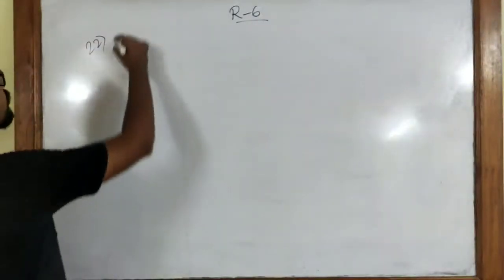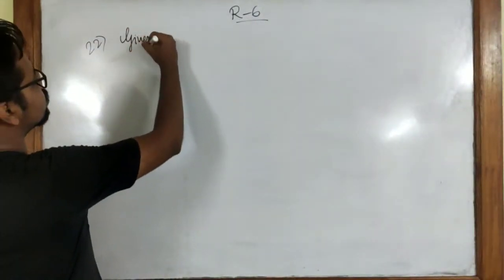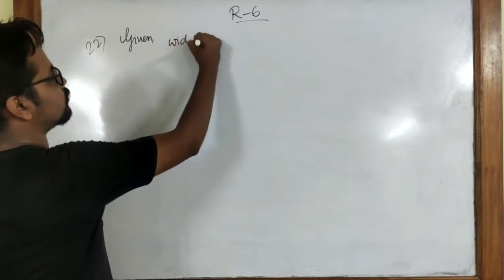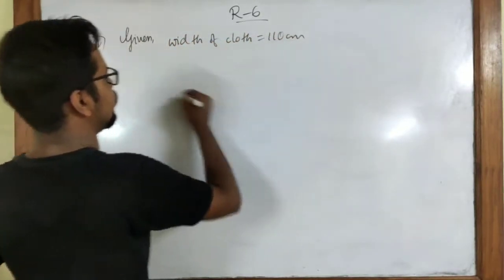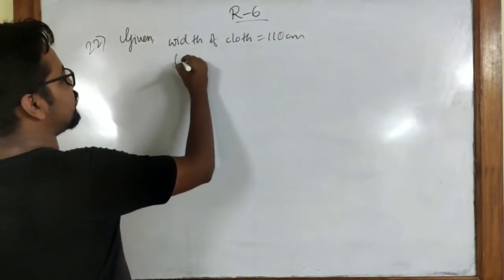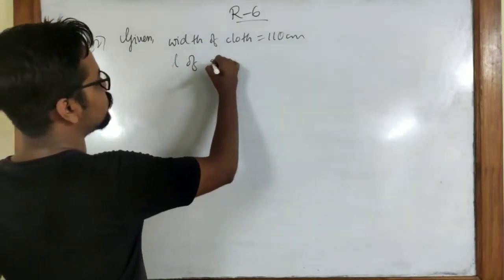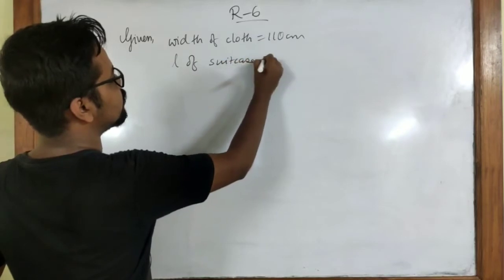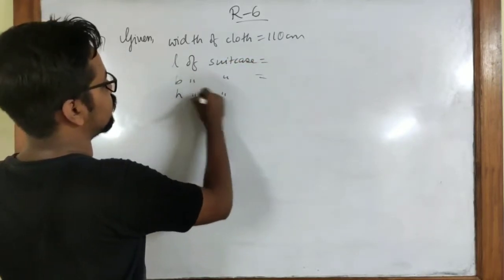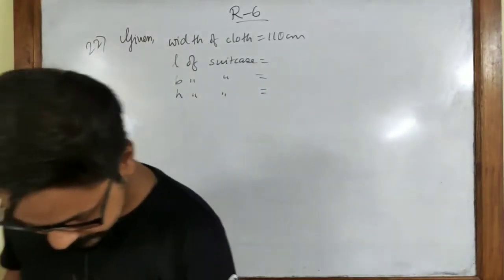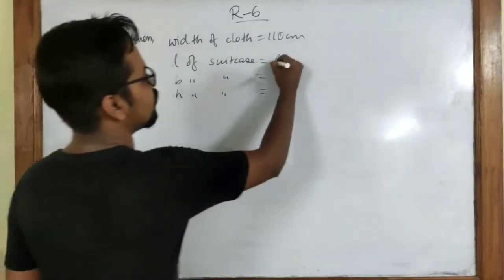So what is given is the width of cloth. Length is not given. Width of cloth is 110 centimeter and length, breadth and height of suitcase are given: 60, 40 and 20.